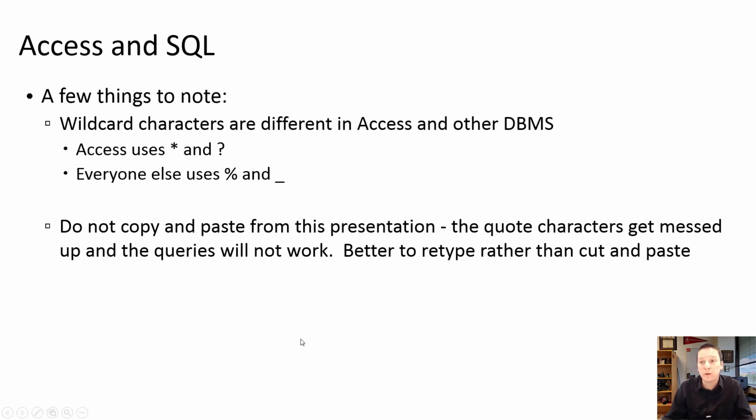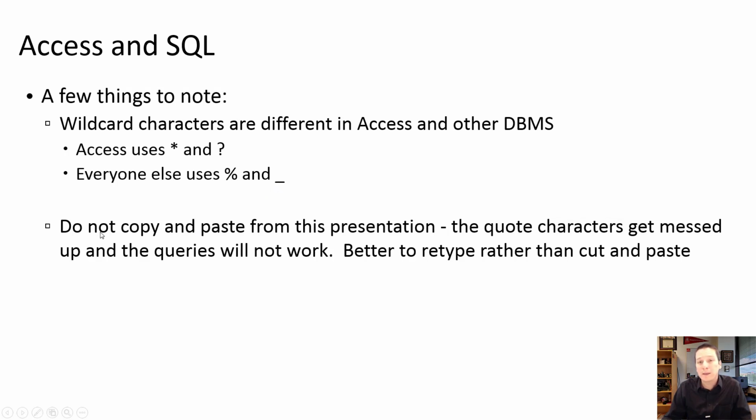So a few things to note, and I mentioned this in the previous video, but Access for the wildcard characters uses an asterisk to represent any number of characters and a question mark to represent exactly one character, whereas all other DBMSs, including Oracle, use a percent sign and an underscore.